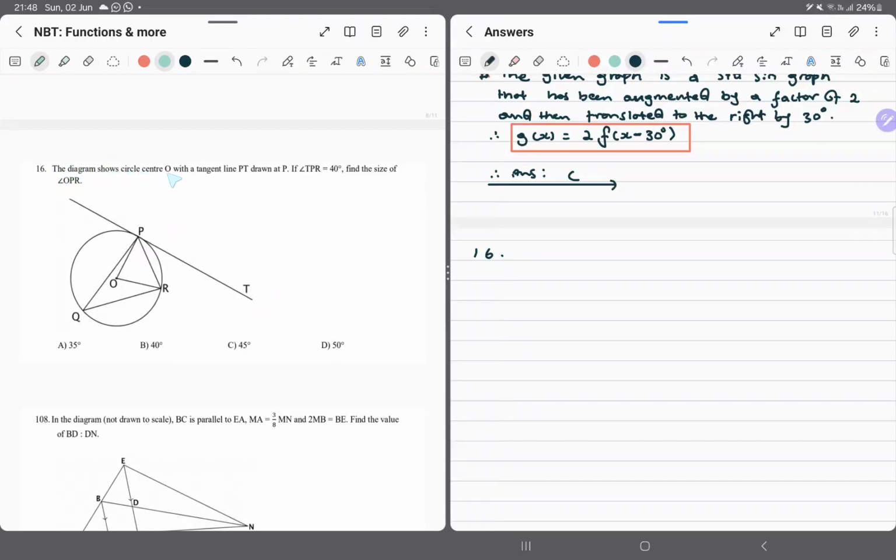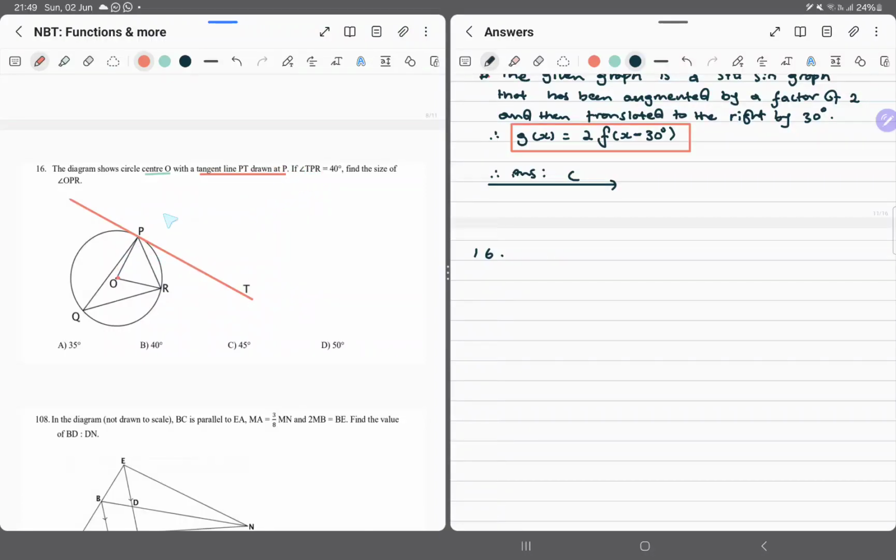Now, the diagram shows circle center O with a tangent line. See, center is O, the tangent line is PT drawn at P. So there is our PT there. Now, we have the center O. Now we can see lovely tangent perpendicular to radius is the story there that we need to consider.